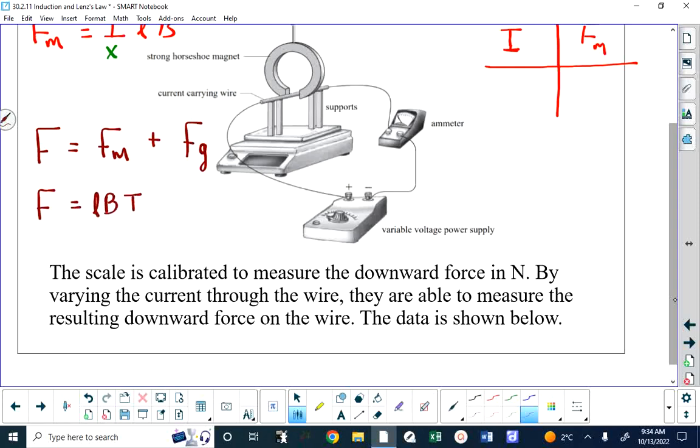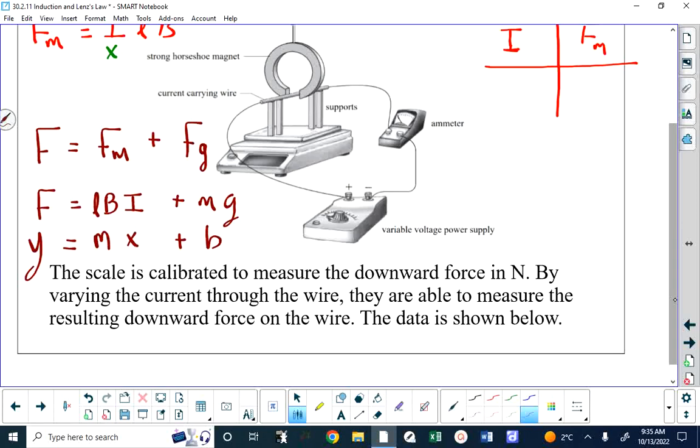How many of you are okay with me just saying ILB could be written as LBI? How many of you know why I'm doing that? Why do you think it is, Annalie? Right. I'm trying to draw a connection here between y equals mx plus b.